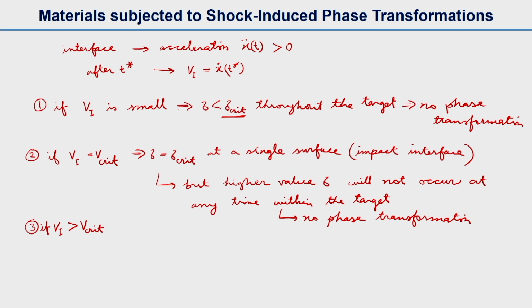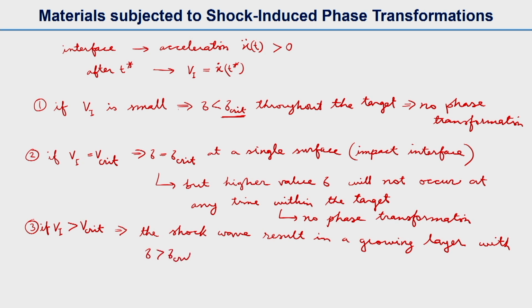If Vi is higher than V critical, even if slightly, what will happen is the shock wave will result in a growing layer with a material that has sigma greater than sigma critical behind the shock front, which is close to the impact interface. Interface always means the impact interface here.